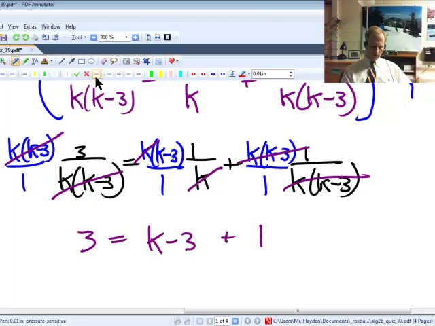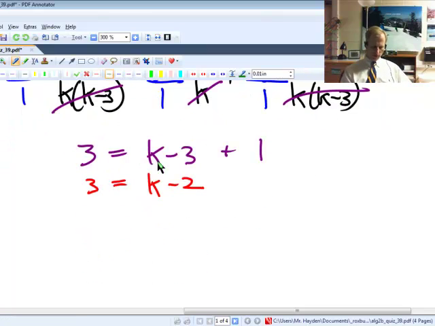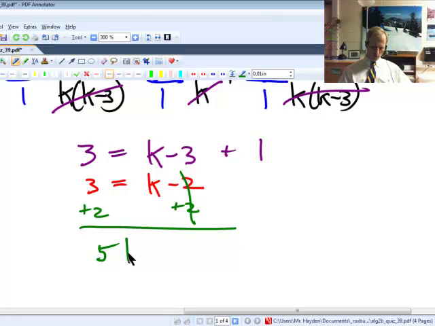Now I have a pretty simple equation to solve. So 3 equals k minus 2. I'm going to add 2. And I get my solution of k equals 5.